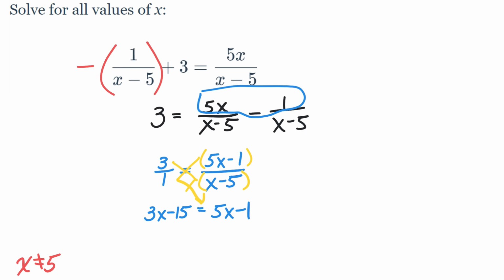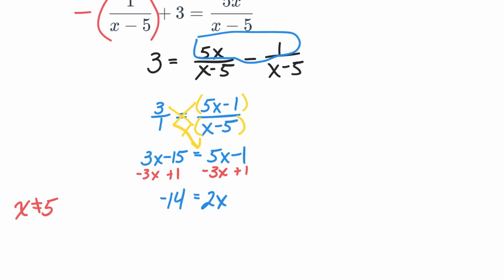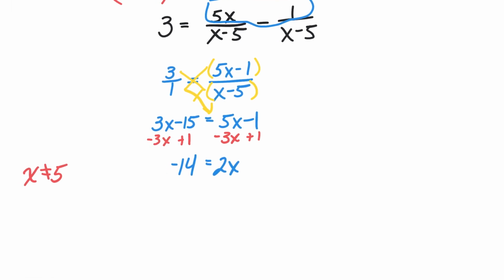Again, I like to let my big variable pull the small one. So that would be the 3x. And on the contrary, I'm going to move the 1 over to the negative 14. So we end up with 2x equal to negative 14. We then divide both sides by 2.